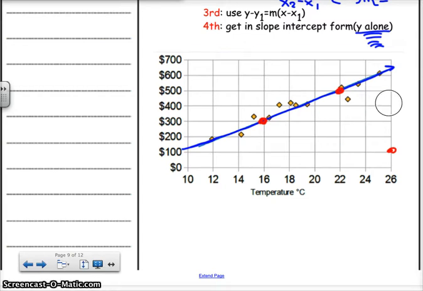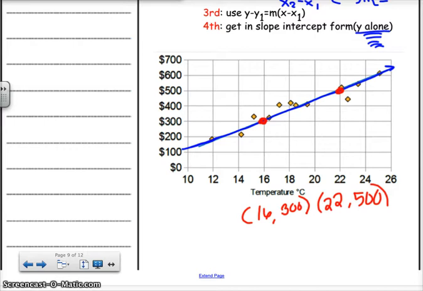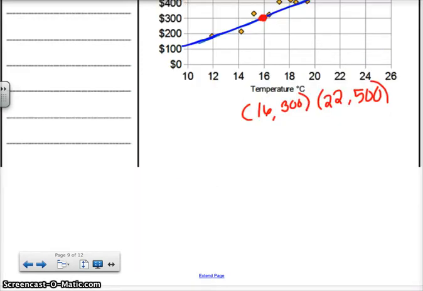So now I have to write them. So let's see, I have the point 16, 300, and the point 22, 500. Just writing down what the values are. 16 and 300, 22 and 500, because it goes x, y. X is the bottom. Now I find my slope.